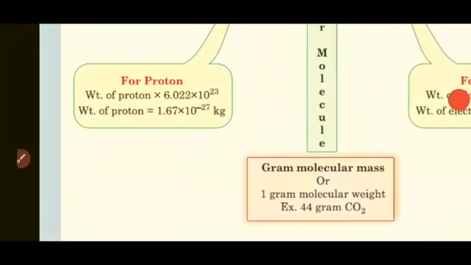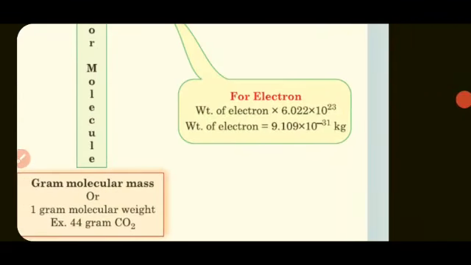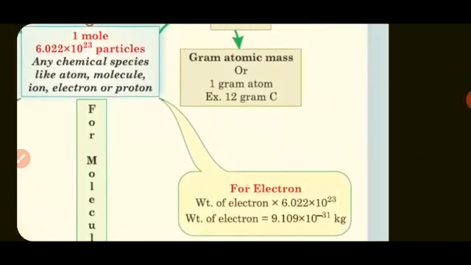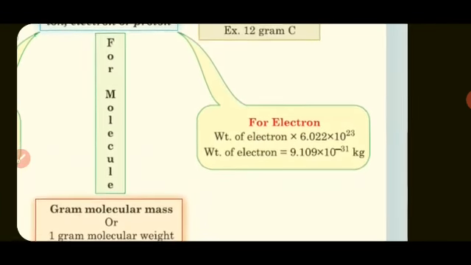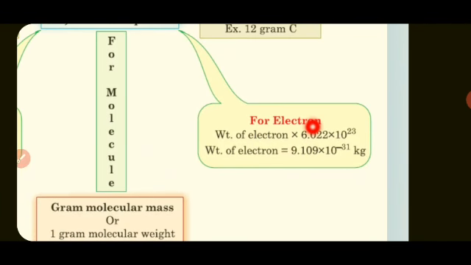Now what is remaining is the electron. The mass or weight of an electron is 9.109 into 10 to the power minus 31 kg. And what is it in terms of 1 mole? This weight into 6.022 into 10 to the power 23. This mass of electron is for a single one.